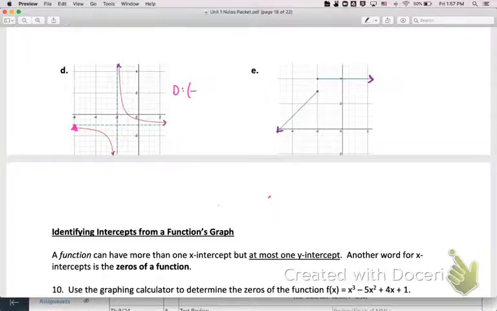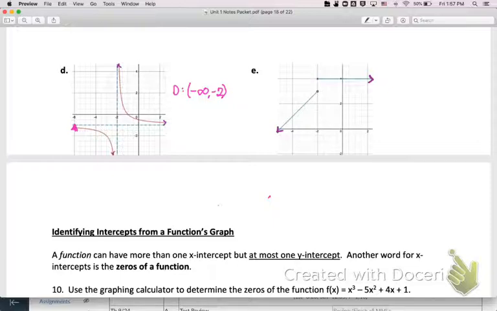So that means our domain starts at -infinity. We're looking at the x's, remember, left to right. And then we're good until we get to the asymptote. So our domain is good up until we get to -2. And we never get to -2 because it has an asymptote, so we're going to use parentheses.